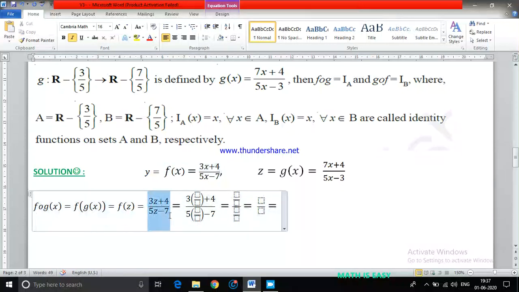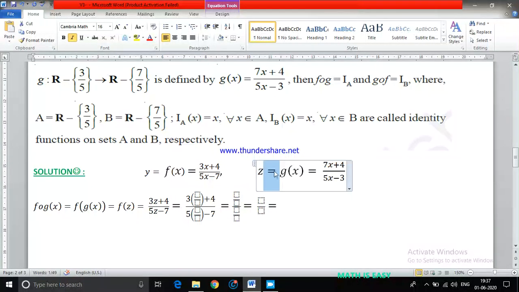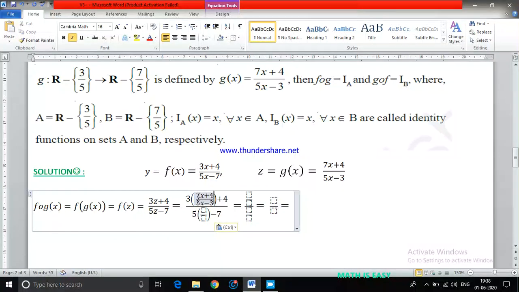So here I have written 3z plus 4 upon 5z minus 7, which equals 3 times. Now what I do is, in place of this z, I have z equals g of x, which also equals this one. Okay, so can you replace here 3 times z is there? So in place of z, I replace this entire fraction.